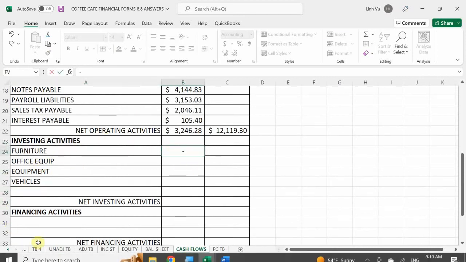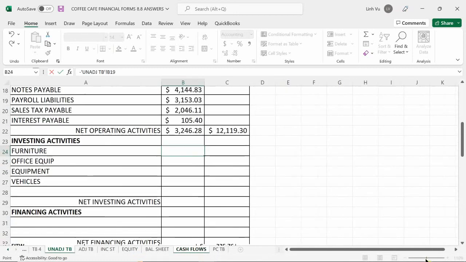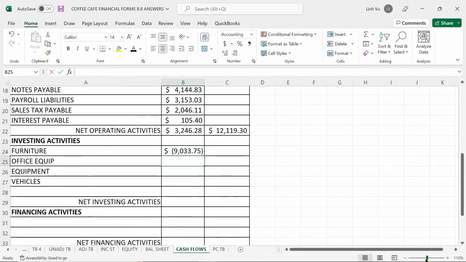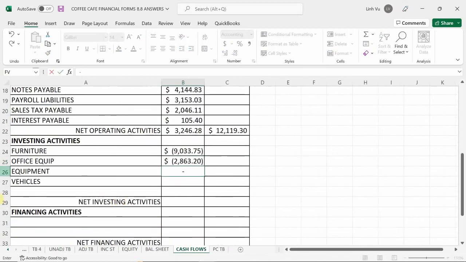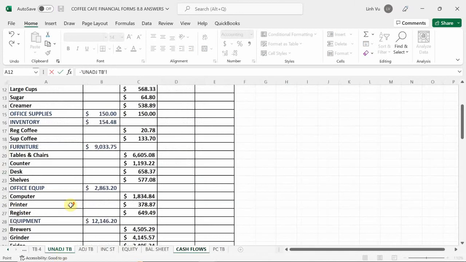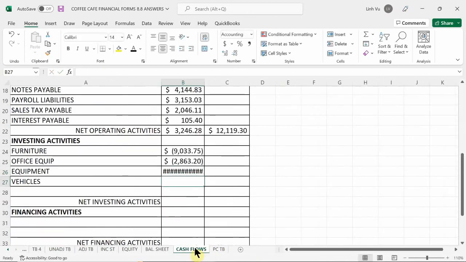I end up spending $9,033 on my furniture. I end up spending $2,863.20 on my office equipment. I end up spending for my regular equipment $12,146.20.